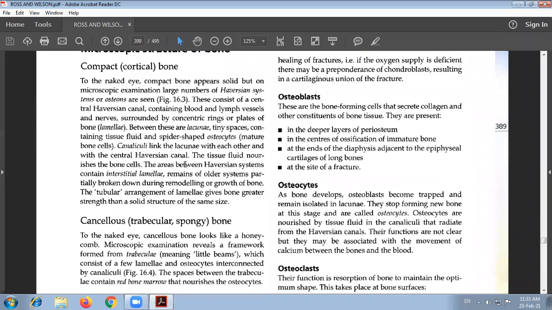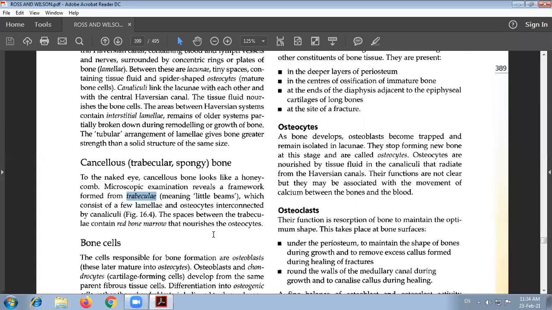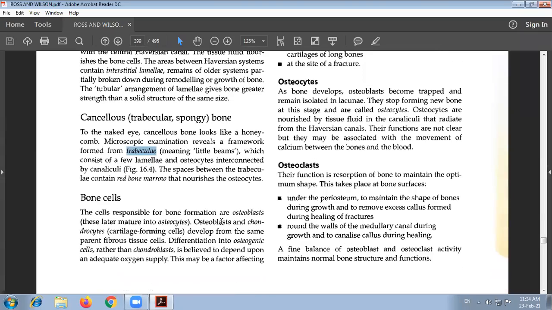In the microscopic observation it reveals a framework which forms the trabeculae, which means little beams, consisting of a few lamellae and osteocytes interconnected by canaliculi, and the spaces between the trabeculae contain the red bone marrow, which nourishes our bone cells, the osteocytes.